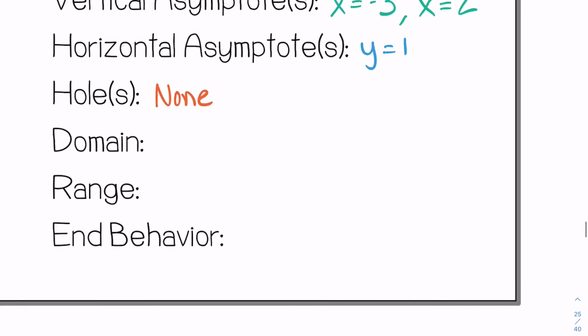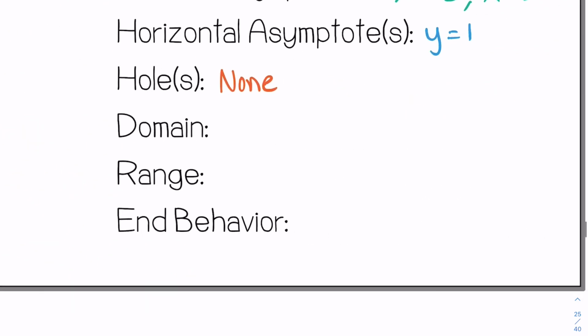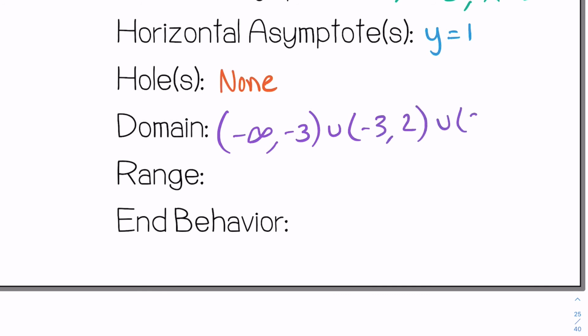The domain is going to be in purple here, so it's going to be all the numbers, so negative infinity to negative 3, negative 3 to 2, 2 to infinity. So it's at all the vertical breaking points.